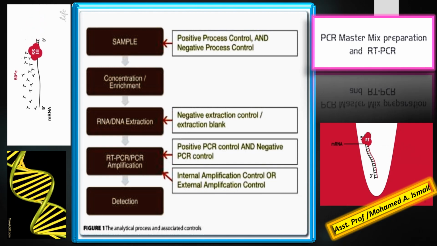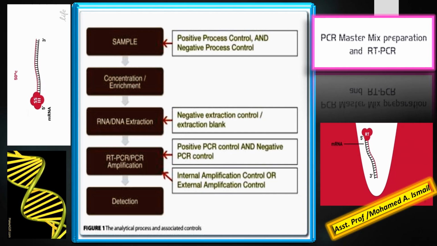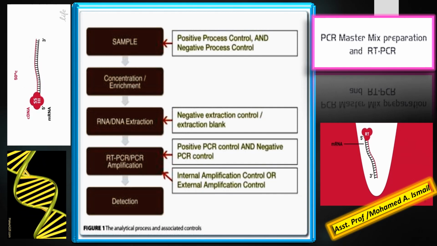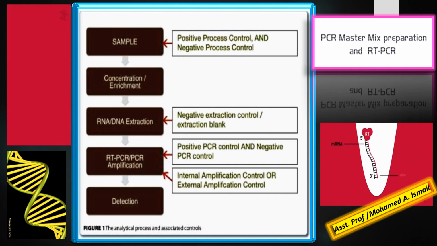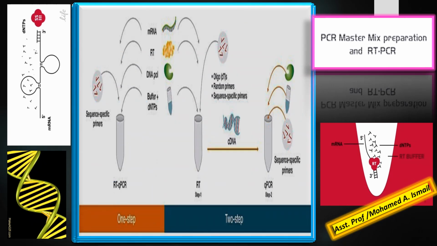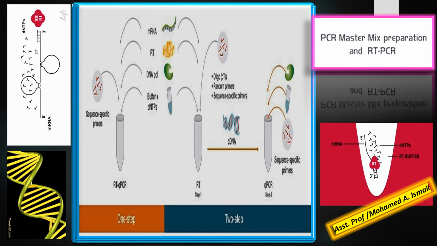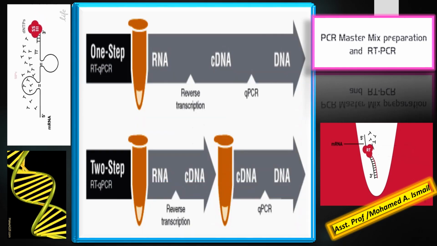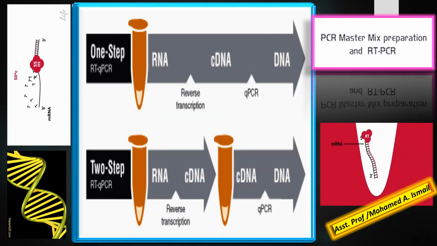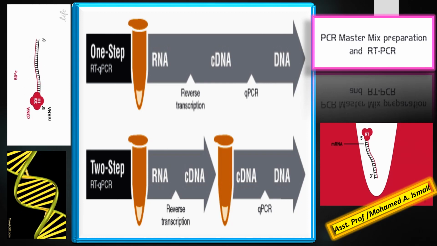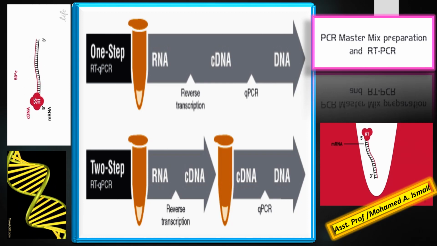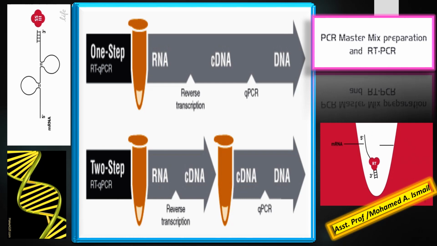In this session, the one-step RT-PCR protocol is started. In this protocol, in a one-step reaction, reverse transcription of RNA and the amplification of DNA take place in the same tube.